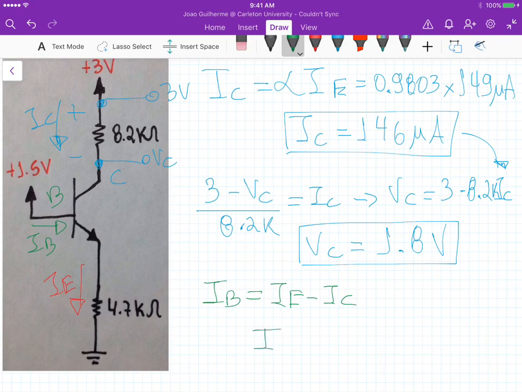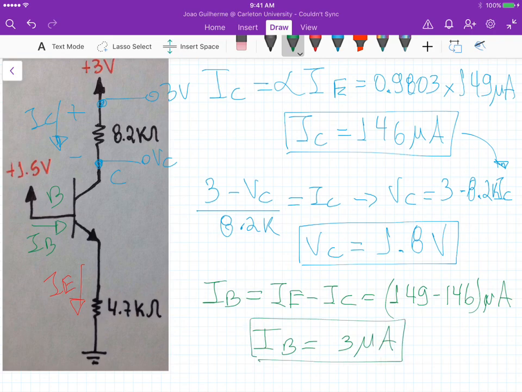If we substitute IE and IC in this equation, we get IB equal to 149 minus 146 microamps, which gives us 3 microamps for the base current.